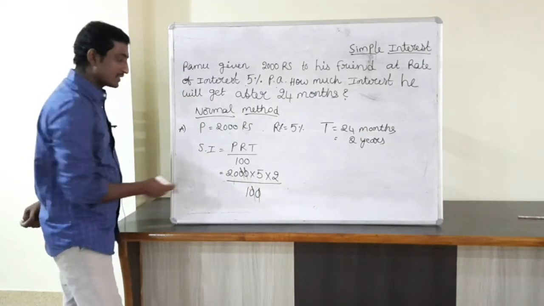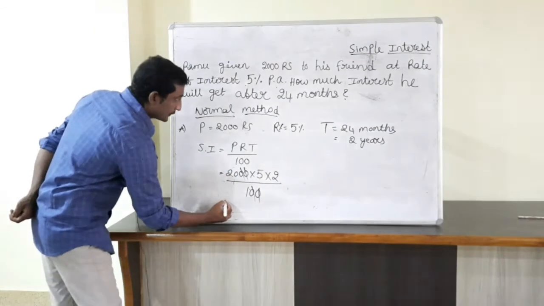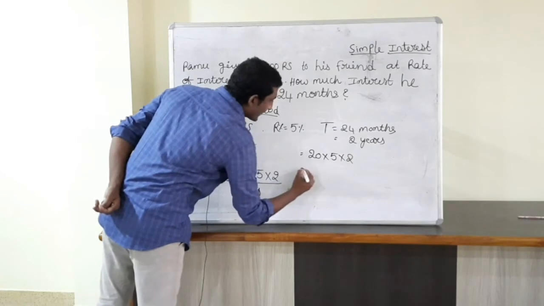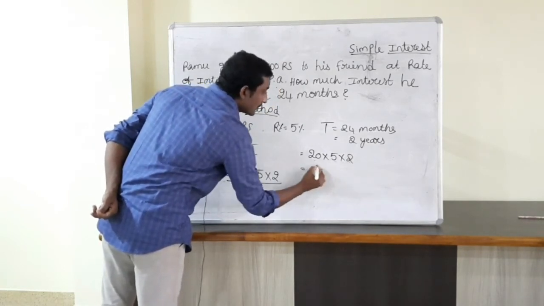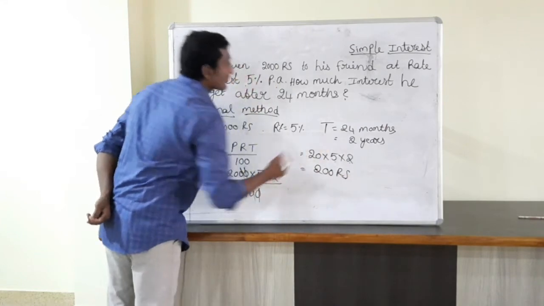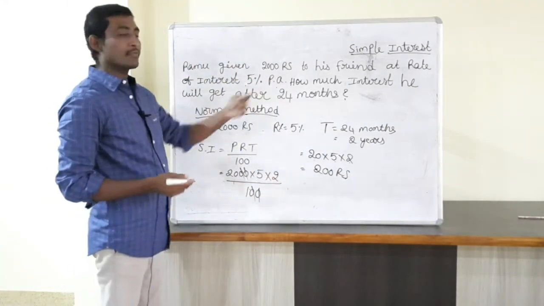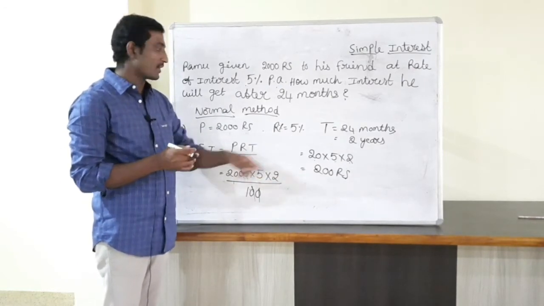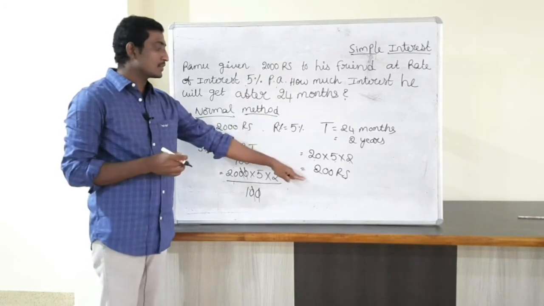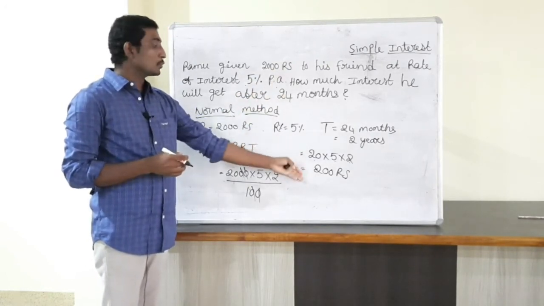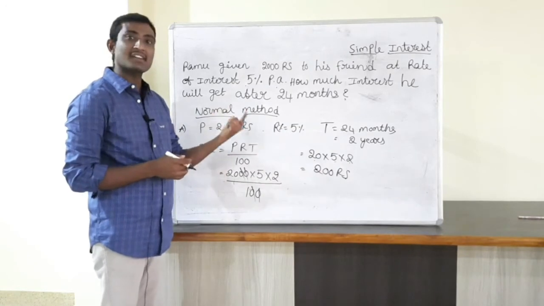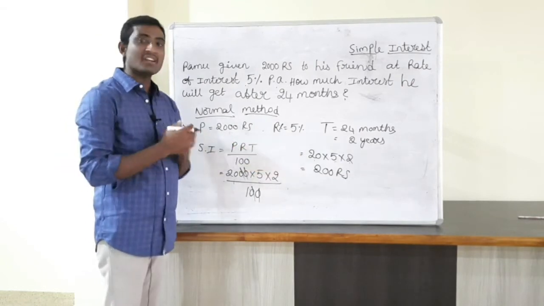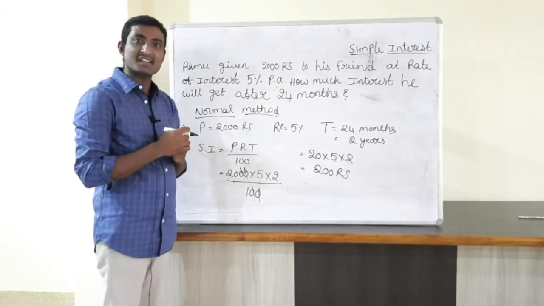What are the remaining terms? 20 into 5 into 2. 2 5s are 10, 10 2s are 20, so 200 rupees. He will get 200 rupees extra after 24 months. This is simple interest. Total 200 plus 2000, total 2200 rupees he will get after 24 months. That is the amount. The interest he will get after 24 months is 200 rupees.